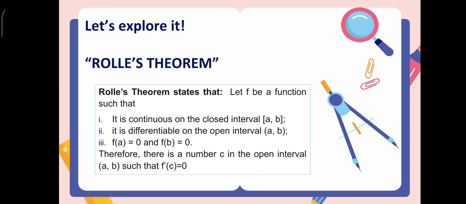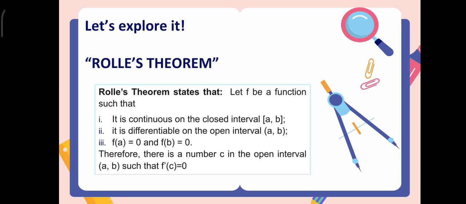So in other words, let me explain from the PPT. Rolle's theorem states that let f be a function, such that the first condition, it is continuous on a closed interval [a, b]. The second condition is that it is differentiable on the open interval (a, b).